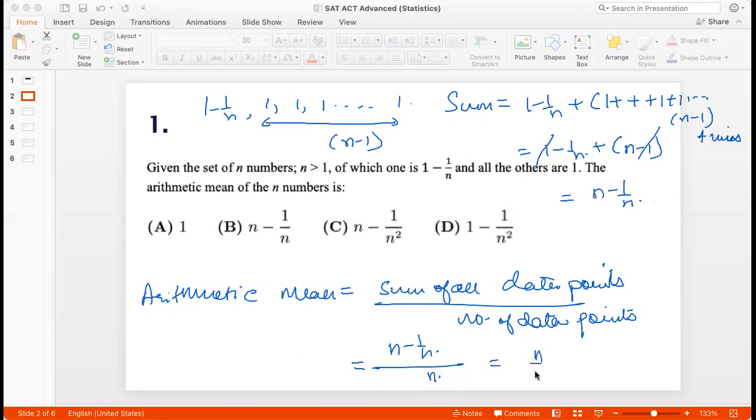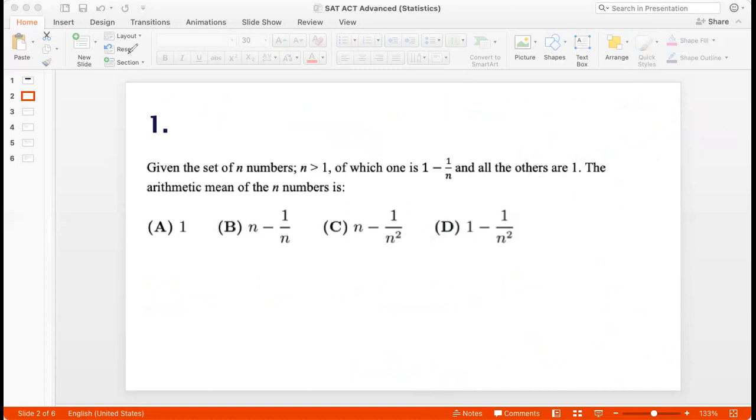We can write this as n minus 1 by n divided by n, which is 1 minus 1 by n squared, option D. So this is how you can find the arithmetic mean of a data set. Okay, let's go to the next question.